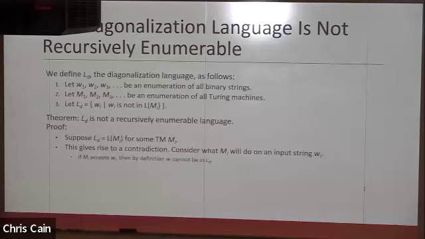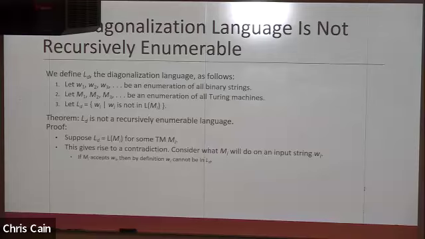If m sub i accepts w sub i, then by definition, it can't be in the diagonalization language. So remember that the definition of the diagonalization language in bullet point 3 there is wi such that wi is not in the language of machine i. So we're only trying to accept those for which the ith string is not in the language of the machine. We're trying to find that language.